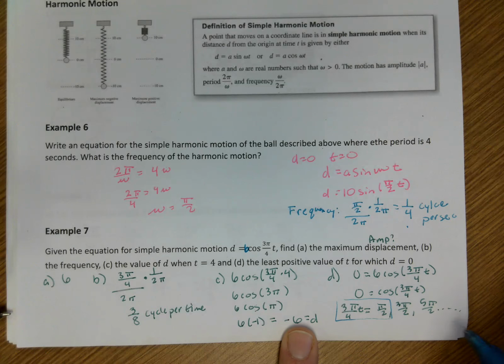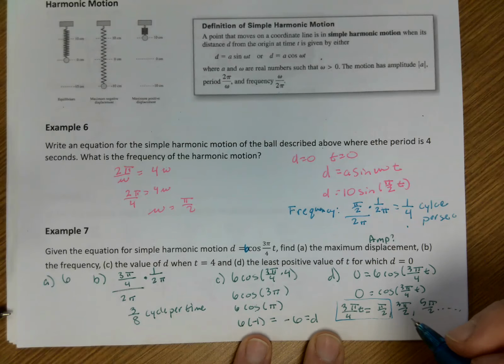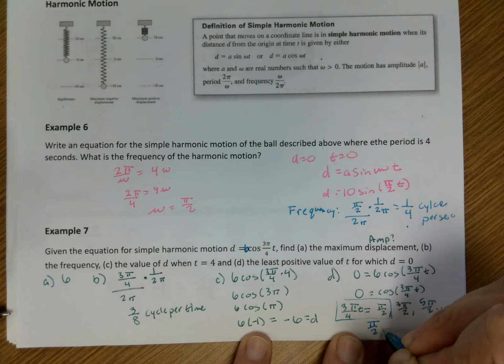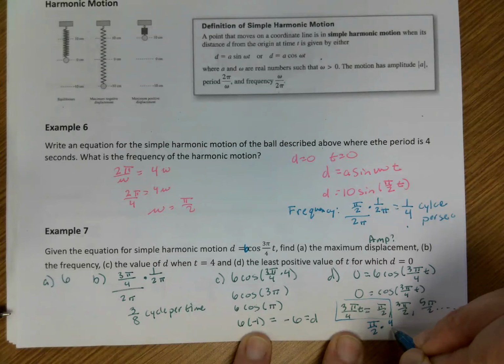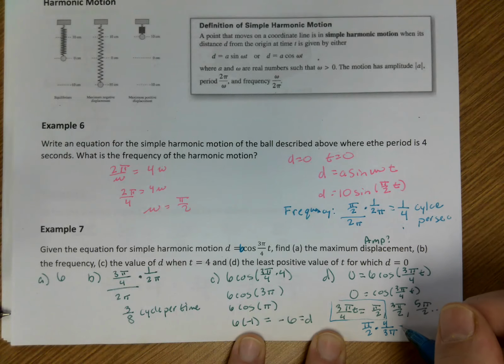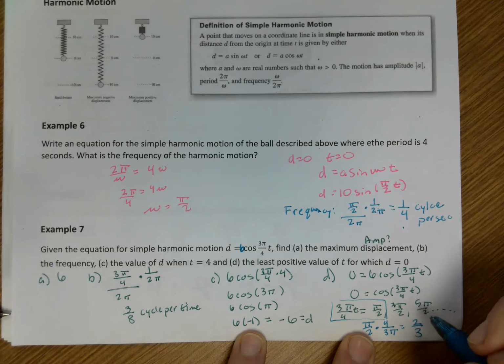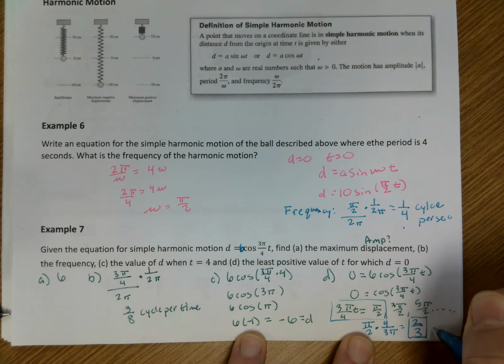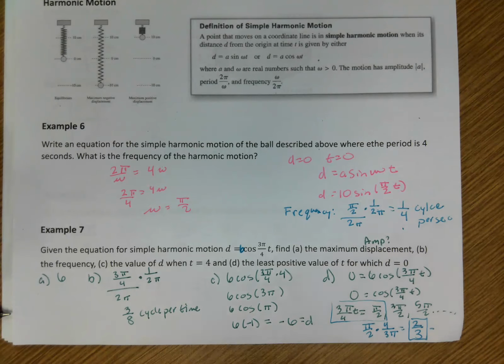It goes back and forth and back and forth. If I want to solve for t, this is being multiplied, so I can multiply pi over 2 times 4 over 3 pi. If I multiply that across, I would get 2/3. So 2/3 is our least positive value for when D is equal to 0.